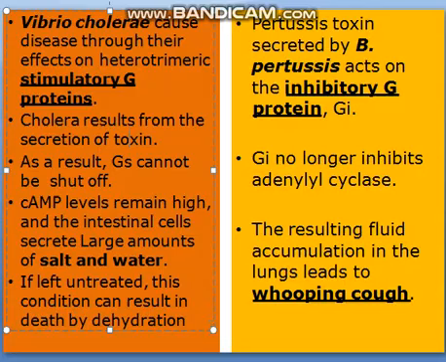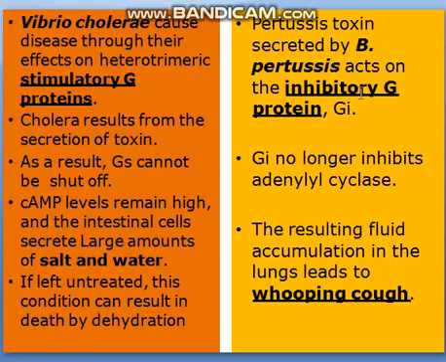Once the stimulation is enough, and cyclic AMP levels remain high, this Gs protein must be shut off. But if it cannot be shut off, what will happen? Lots of salt and water will be lost from the intestinal cells, and if it is not treated, this may lead to death because of dehydration.